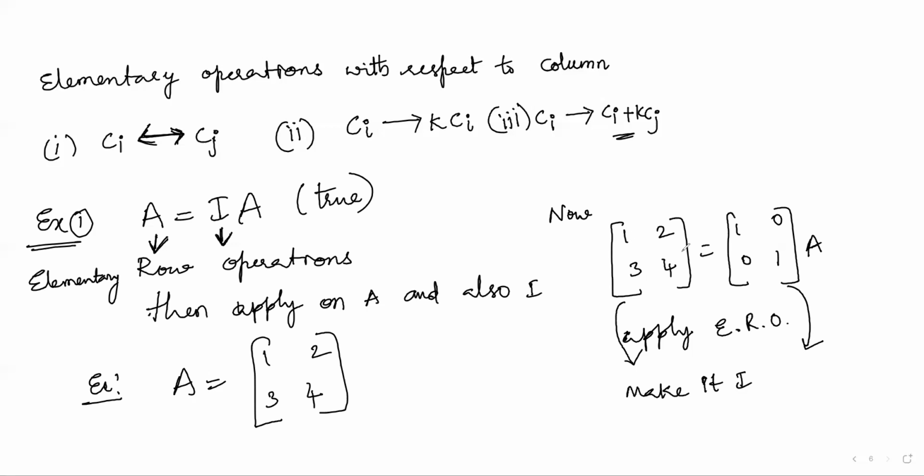Our aim is to make this matrix, 1 0 0 1, by using elementary operations. We have to make this matrix an identity matrix. Hope you understand.